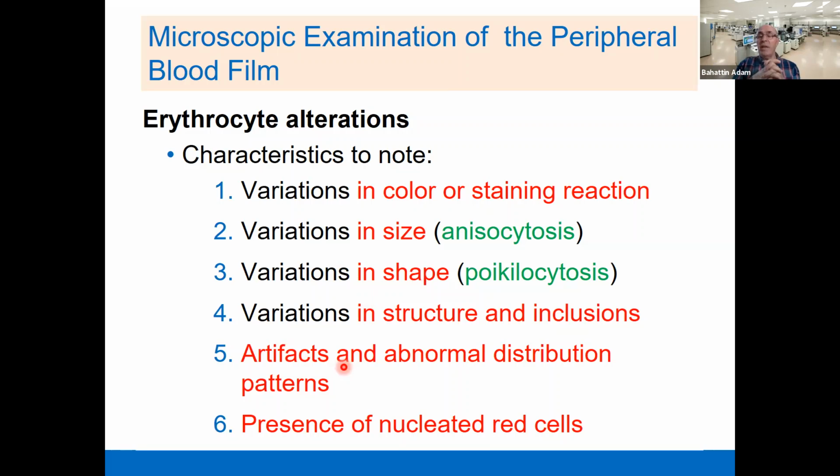You can, let's say, diagnose lead poisoning only by examining erythrocytes under the microscope. And the presence of nucleated red cells. Normally there are no nucleated red cells, right? However, if you see them, it is abnormal. It tells us some things.